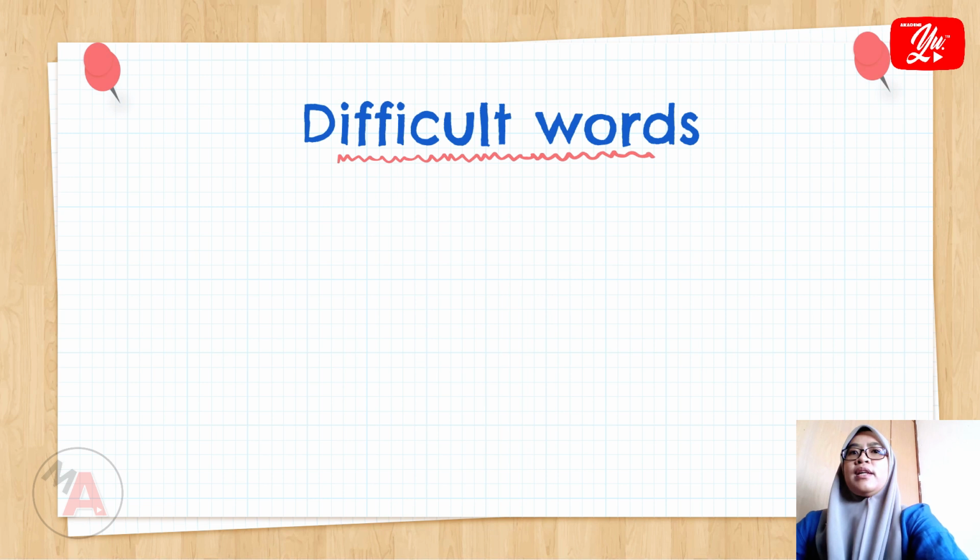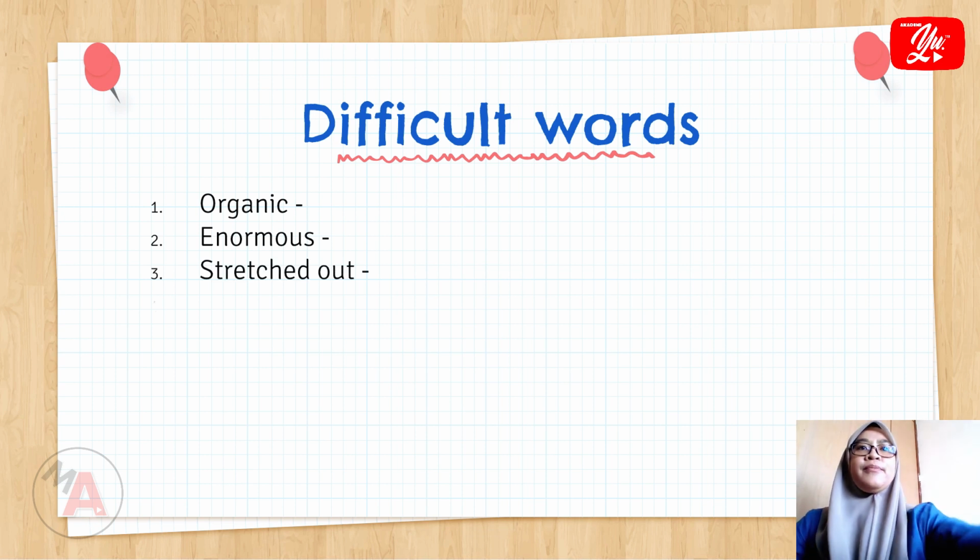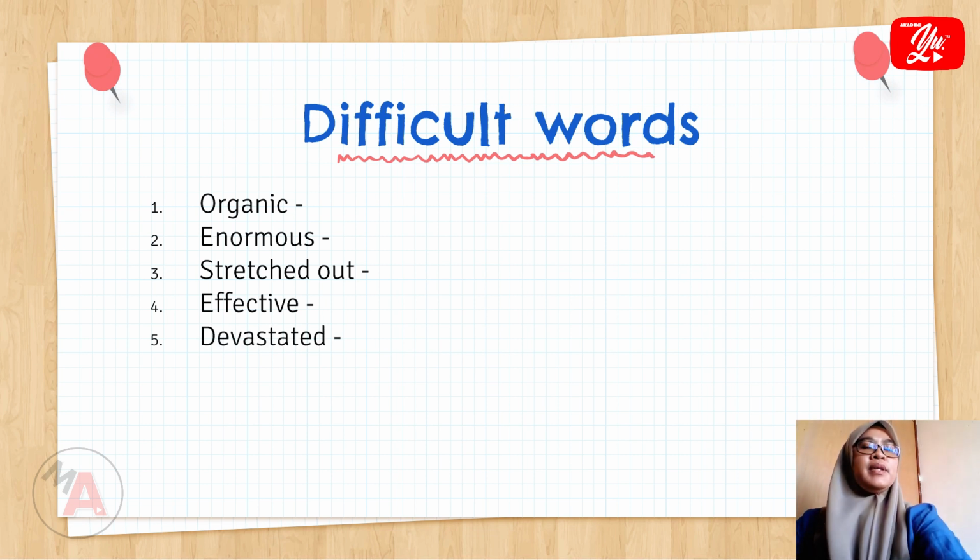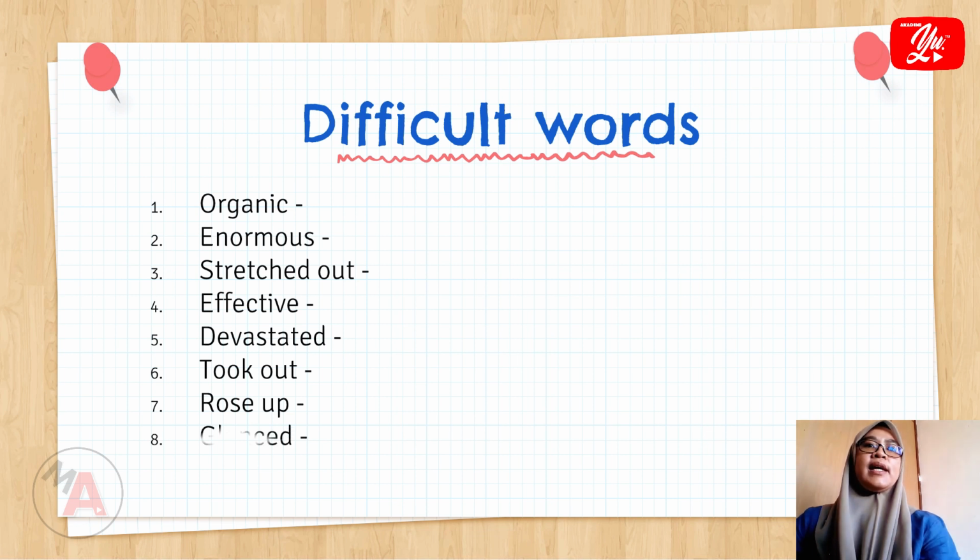Okay, so here are some of the difficult words, okay, that you are going to find the meaning in your textbook. Okay, in your textbook page 5, okay, behind the text you will see phrases, okay, or meaning of words, okay, and then I would like you to try and match these 8 words to the meanings.